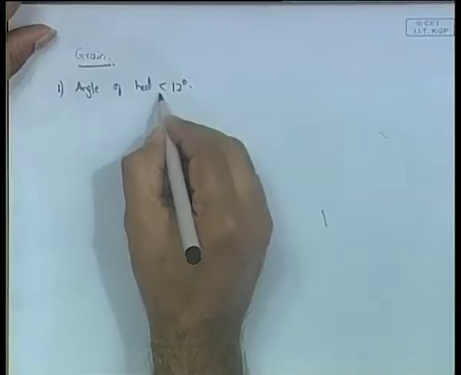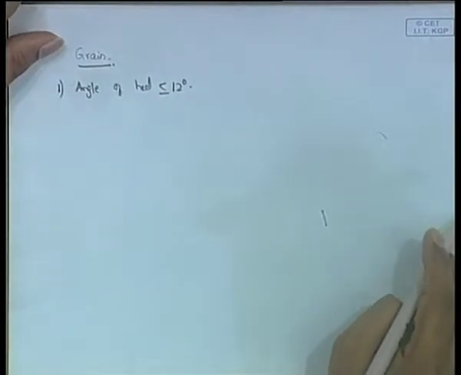The first rule says that the maximum angle of heel due to any amount of grain shift should not be more than 12 degrees, or it should be less than or equal to 12 degrees. It should not be greater than 12 degrees.